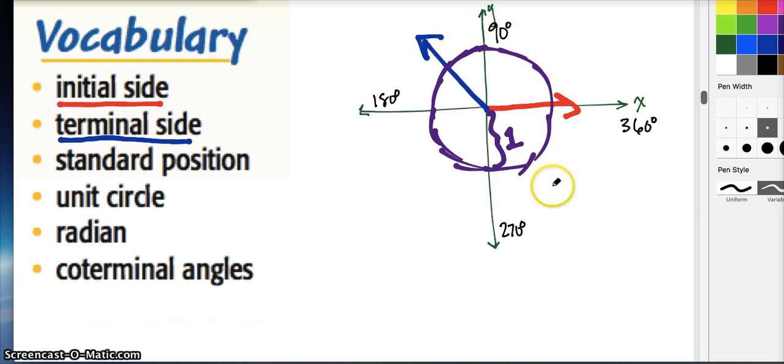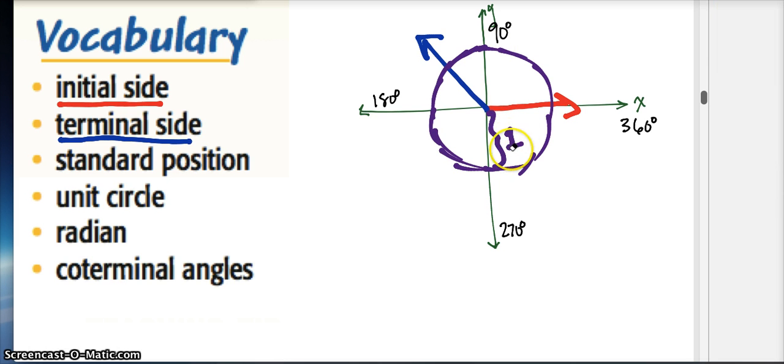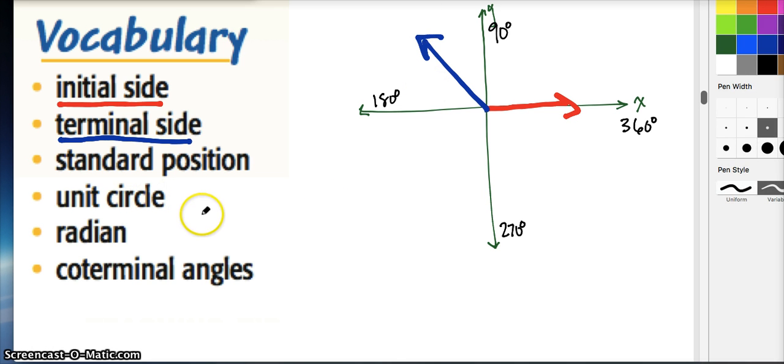That circle will be on the XY axis, and we're going to talk about some cool things in relationship to that. So I'm looking forward to that kind of discussion. The unit circle is that purple circle I was just drawing, with a radius of 1, that we're going to use to describe trigonometric concepts.